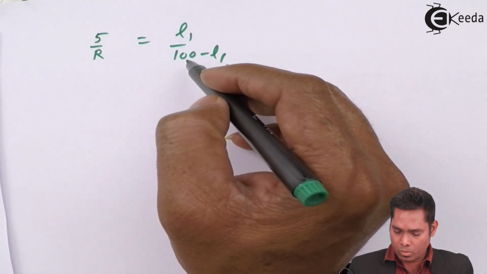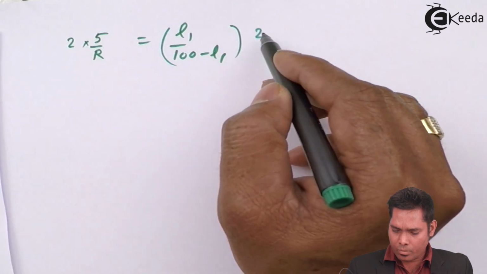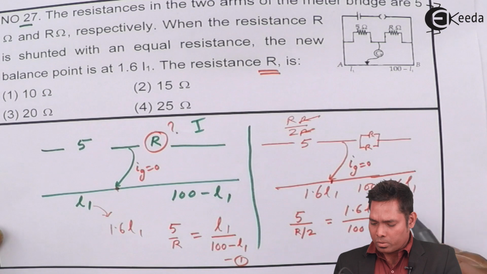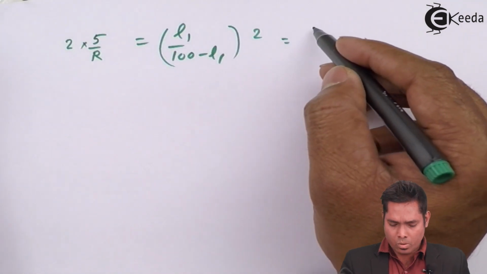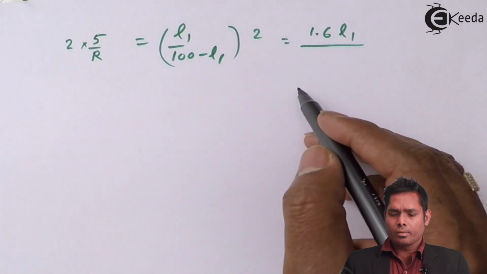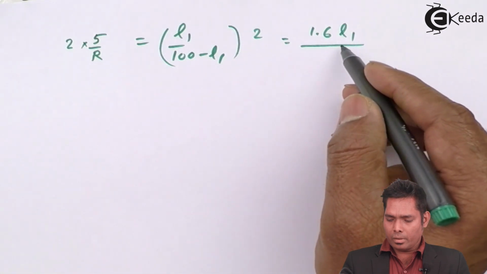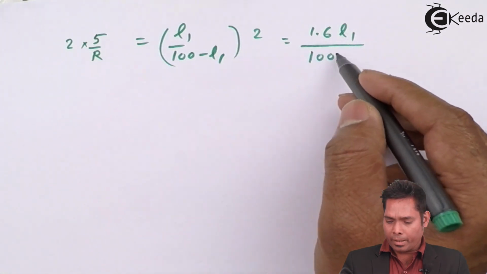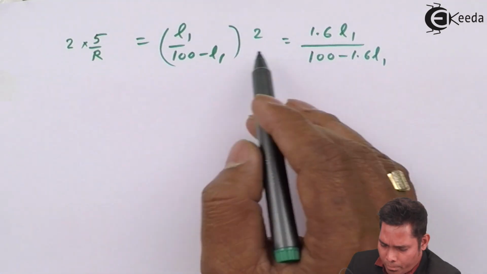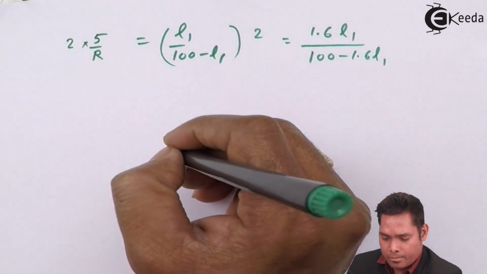So I multiply 2 here, multiply 2 here. So this is actually this one, and that is also equal to 1.6 L1 divided by 100 minus 1.6 L1. From here I'll get L1, then I'll put that in any equation to get R.